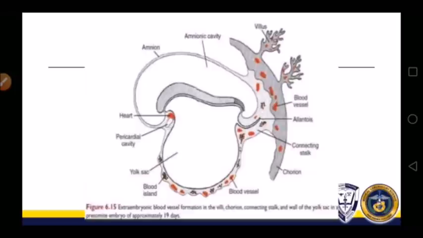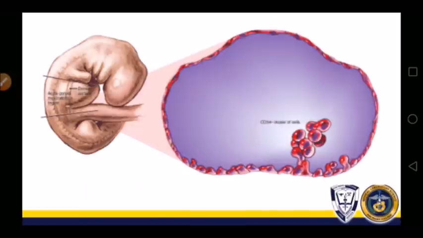Primitive erythroblasts originated from the mesenchymal cells lining the yolk sac, whereas the current erythrocytes that we as adults now produce originate from the aorta gonad mesonephros region of the embryo.